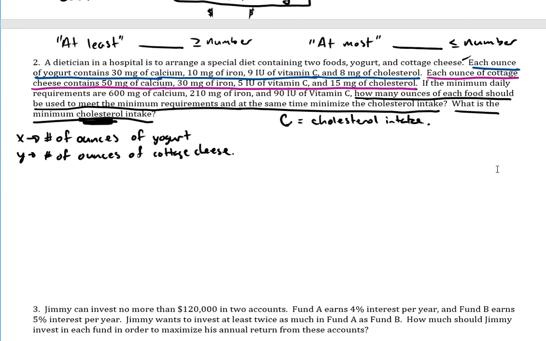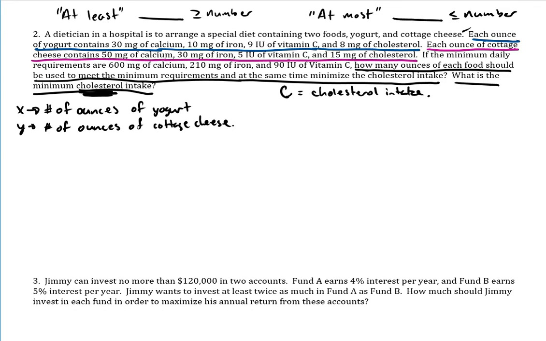Okay, and then it says if the minimum daily requirements of these. Here it doesn't look like they used "at least" or "at most," but they've got some other style. They're saying the minimum daily requirements, so we underline or box that. These are the special units for us, so it looks like those should be the categories for our variables.